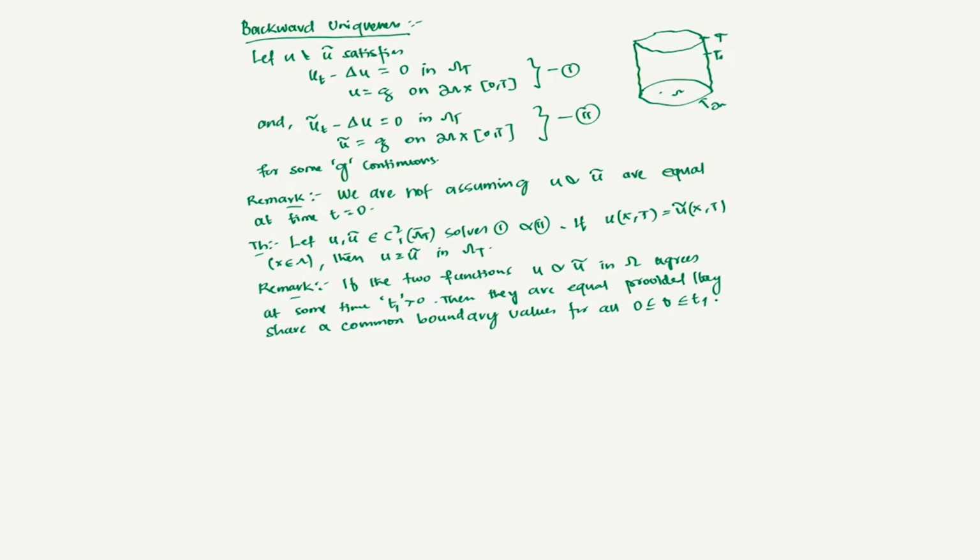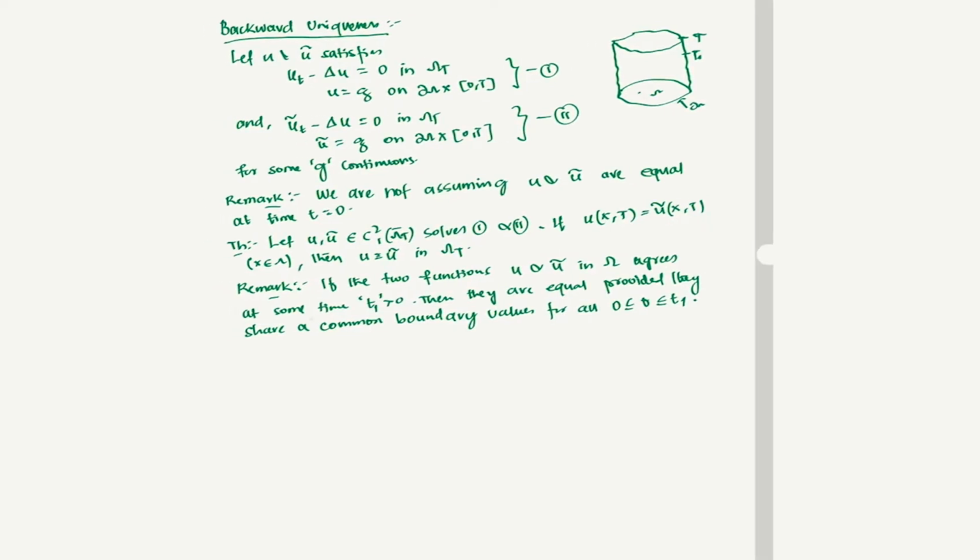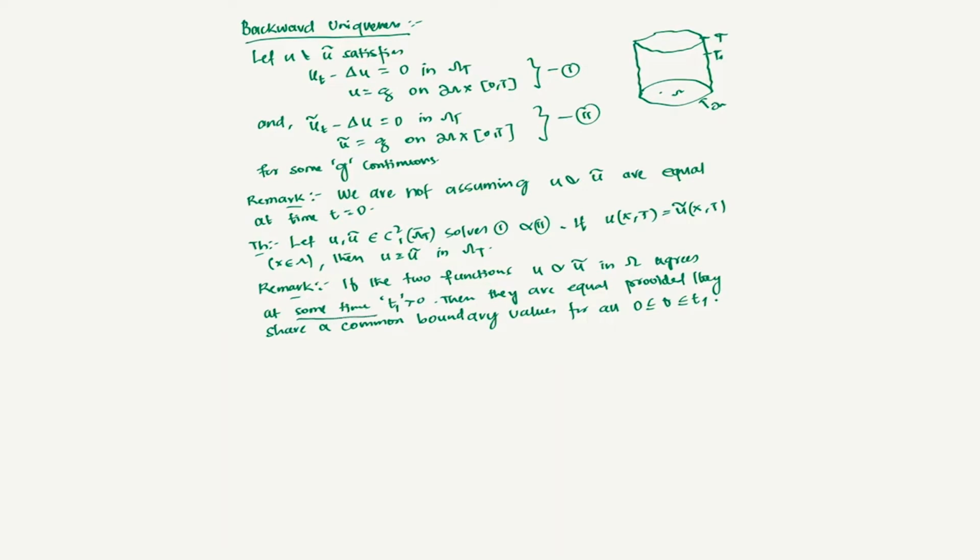So here what it is saying is, if it is the same at some point, this is important, at some point, then they are equal. Of course the boundary condition has to be equal for all t less than t1.